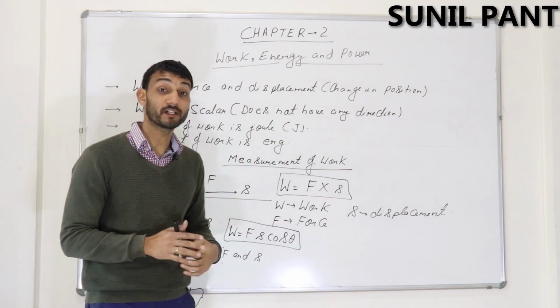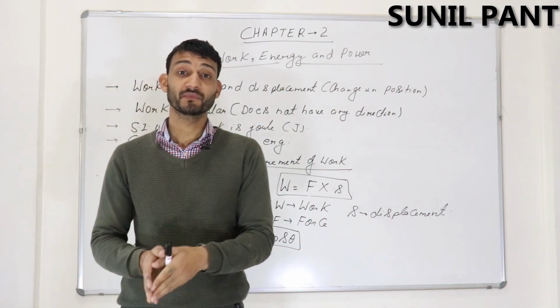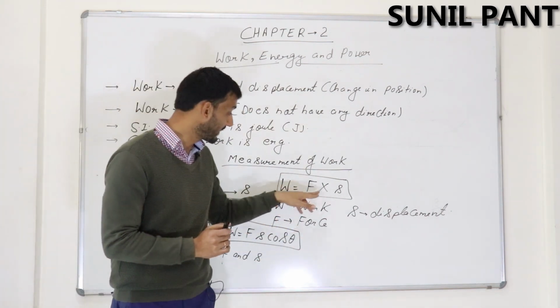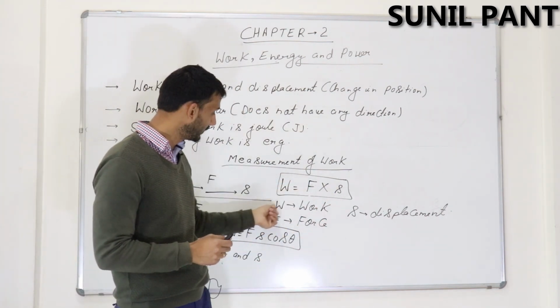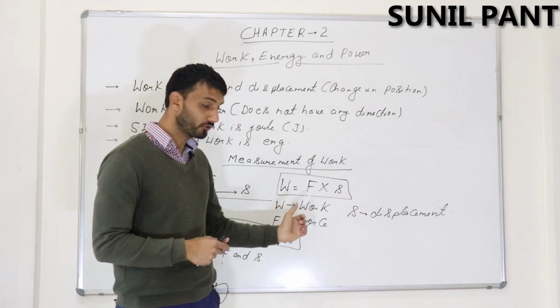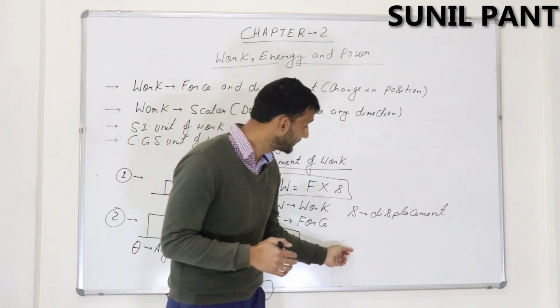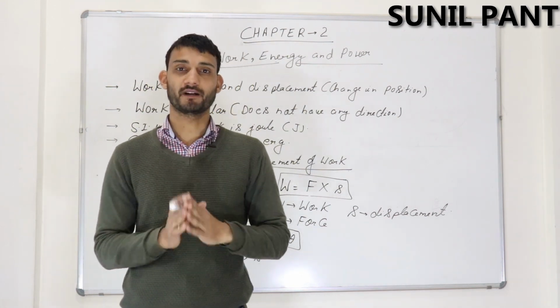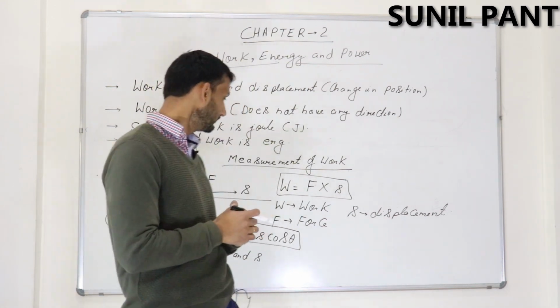So work can be calculated by multiplying force and displacement. So W = F × S. W is work done, F is force which is being applied, and S is the displacement, that is, change in position of the object after applying a force.